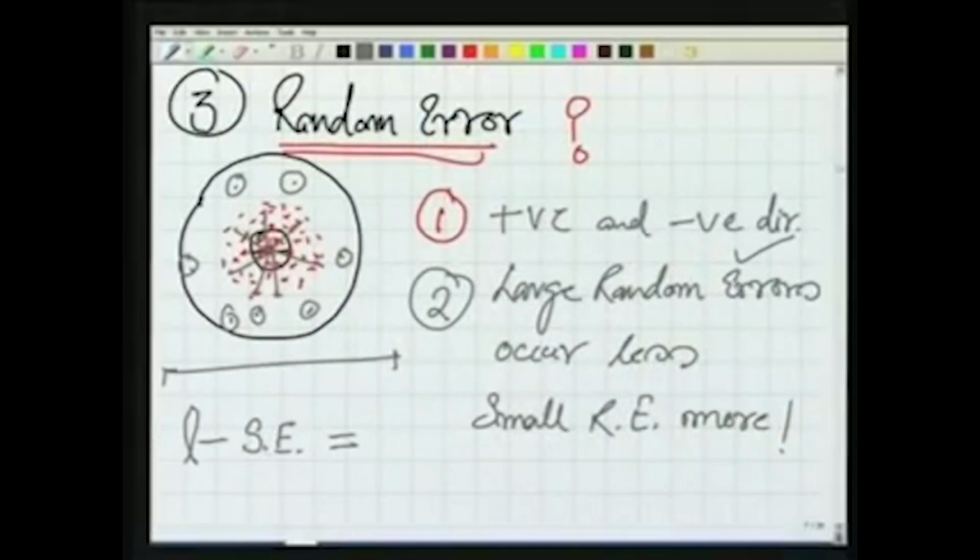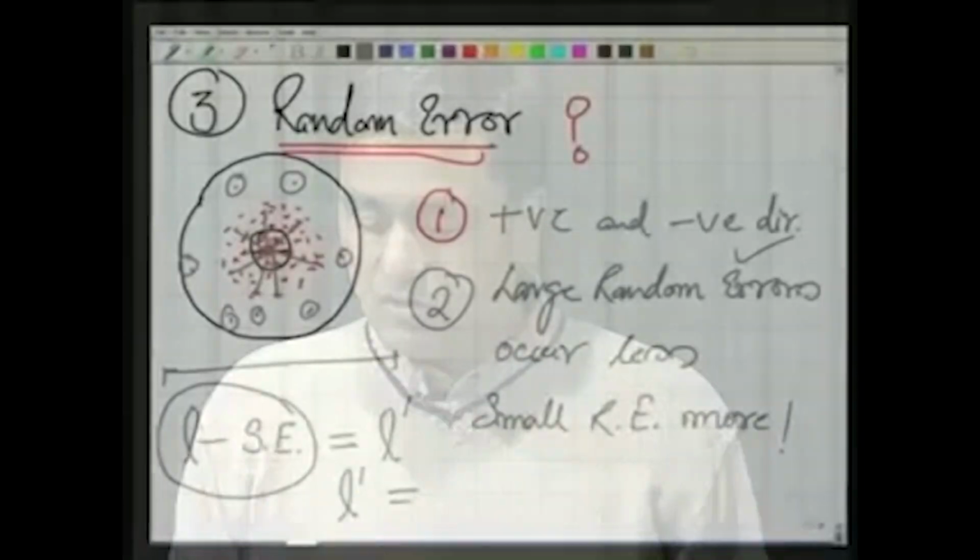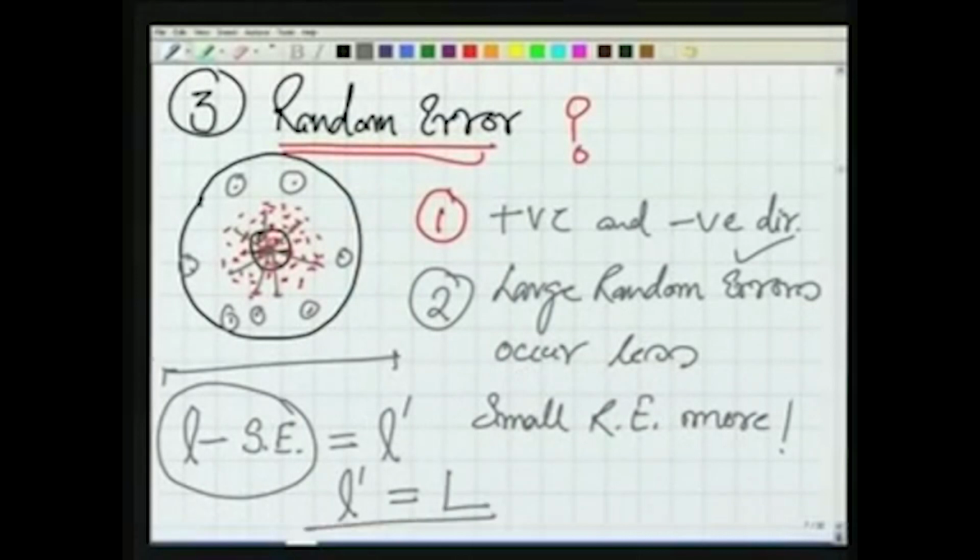Now whatever the outcome, let us say L dash, this L dash is still not equal to the true length, because it still has some errors, and those are the errors which we call random errors. So random errors are those errors which remain in an observation even after eliminating systematic errors from it.